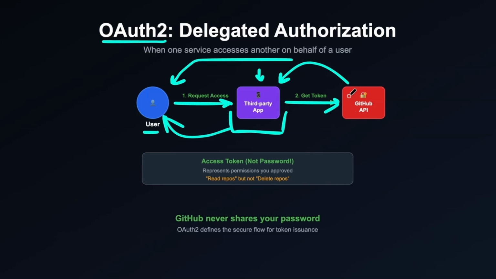And then GitHub sends them the token which contains the permissions which this third-party app is allowed to use. And OAuth2 defines the flow for securely issuing and validating those tokens. So you give them the access token and not your password, which represents the permissions that you approved personally. So it can be reading specific repos or also creating, pushing to those repositories, but not deleting those repositories.